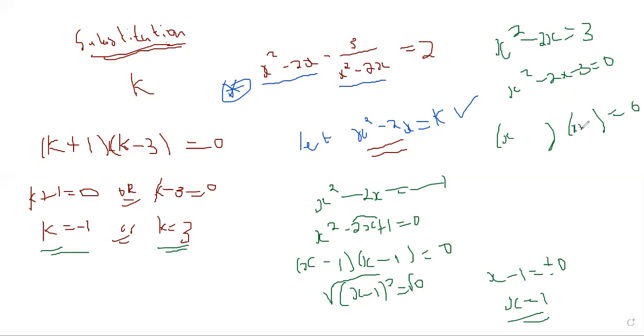The signs are not the same, so it's positive and negative. Factors of 3 that would give you minus 2, that would be negative 3 plus 1. So x minus 3 is equal to 0, or x plus 1 is equal to 0. So x is equal to negative 1, or x is equal to 3.